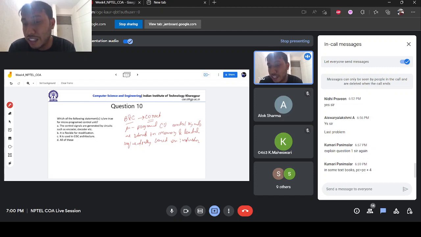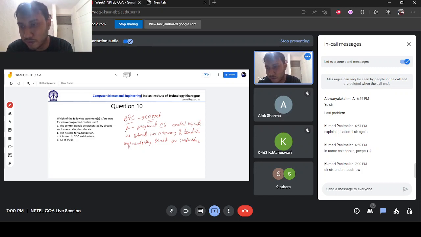Okay, question number 10 is basically a theory question. If you have gone through the lectures on the microprogram control unit, you will know this. Control signals are stored in memory and loaded sequentially based on the instruction. In a hardware control unit, the control signals are always generated using hardware circuits. It is not the same in a microprogram unit, where the control signals are stored in memory and loaded sequentially based on instructions.